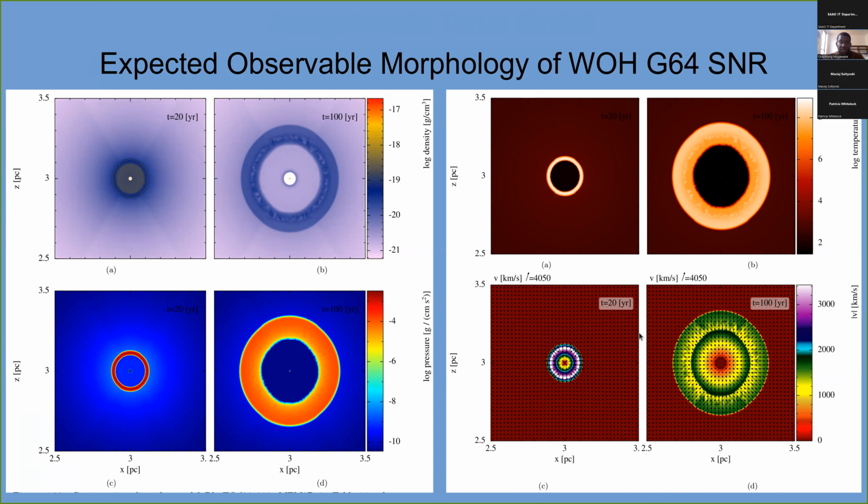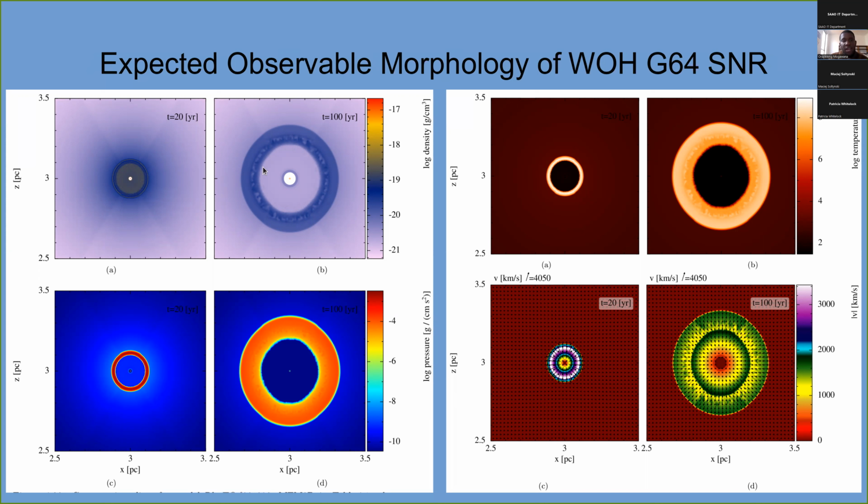And after all that, allowing the simulation to evolve, we end up with something like this, a morphology of a supernova that expands at 20 years, where it's really hard to tell. It still looks really spherical after 20 years of evolution.